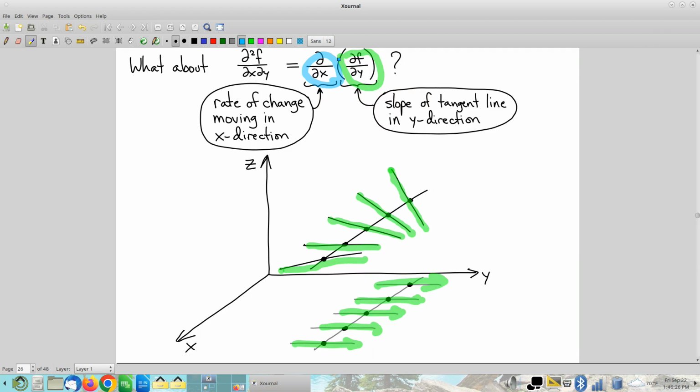Reminder, another way to think about a partial derivative is it says, how fast is that thing changing as you move in the x direction, right? And so that's why I drew the y partials at these various locations.